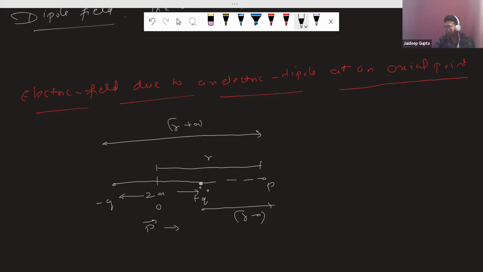Is it okay till here? If you have any doubt in the figure, please let me know. Yes, it's okay. Now, due to the positive charge, the electric field direction is away from it, and due to the negative charge, the electric field is towards it.